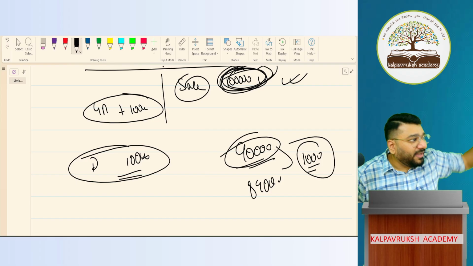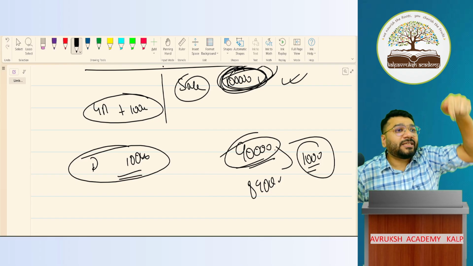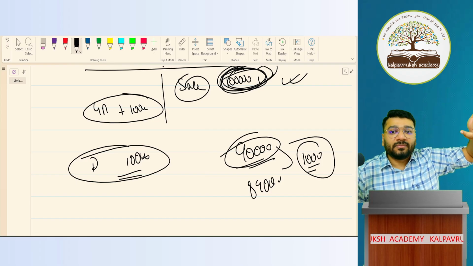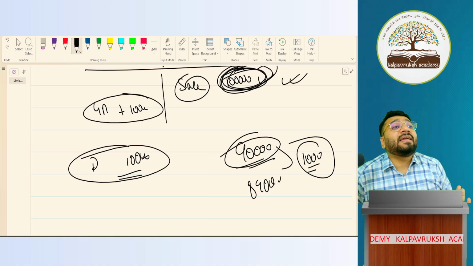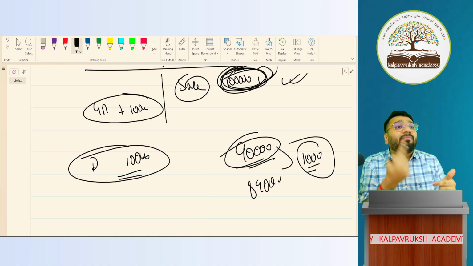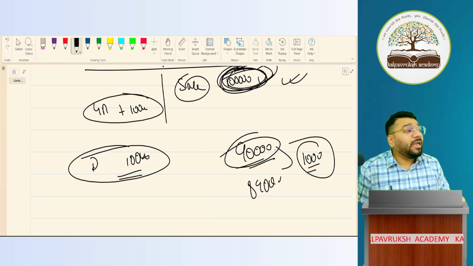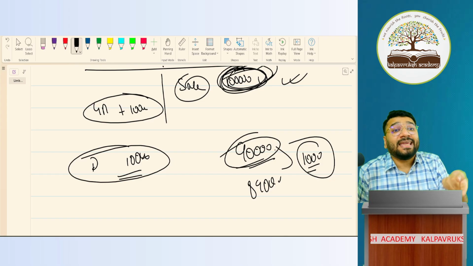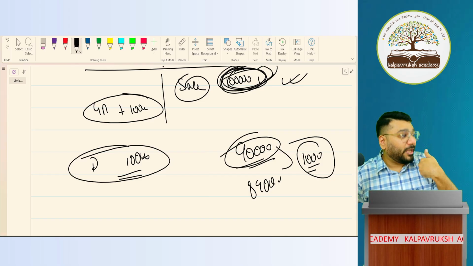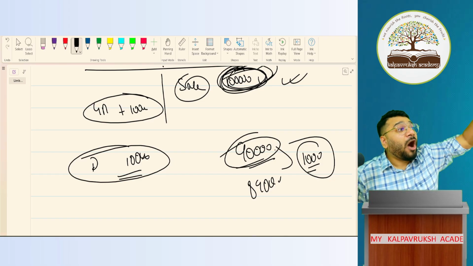If you're giving a cash discount upon collection, maybe your collection is poor. To give cash discount, there could be multiple reasons. But one primary reason of giving cash discount is what? You are not good at collecting the money. So to collect the money, you gave him a discount. It shows your inefficiency, inability in collecting the money. So I should know as a user, as an investor, how efficient or inefficient my team is.